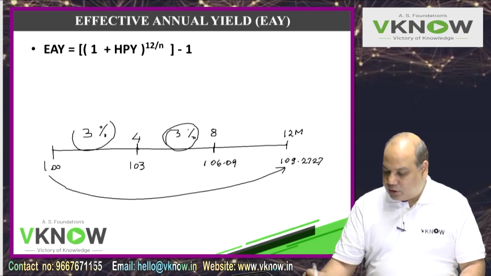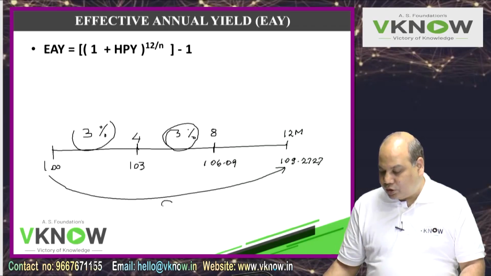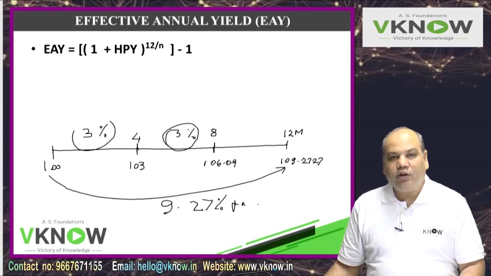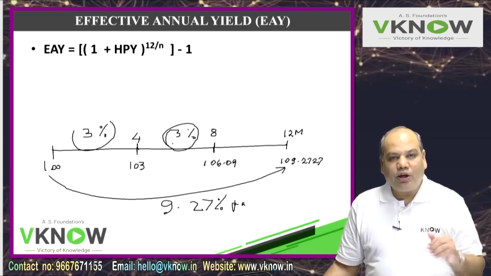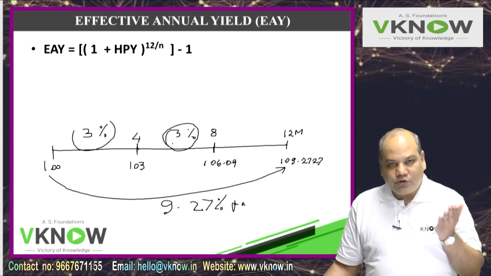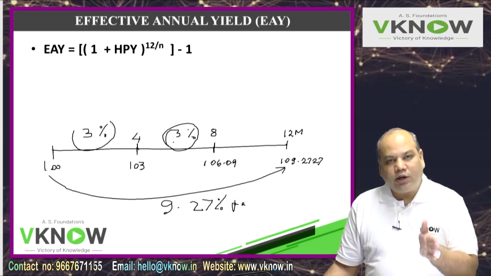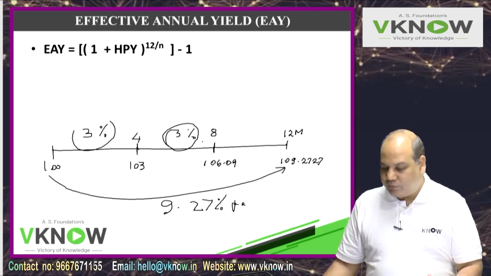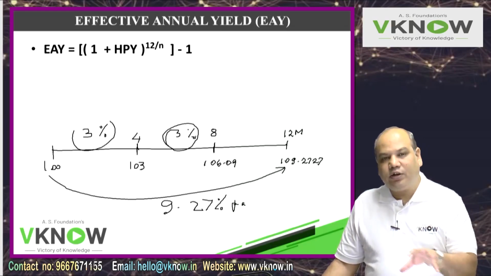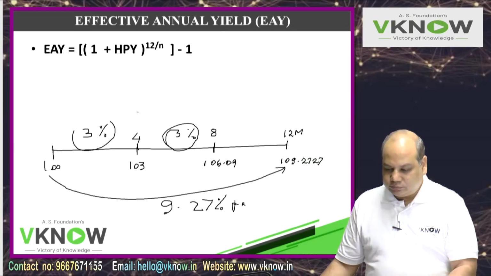So effectively it is equivalent to earning a return of 9.27% per annum annual compounding. Earning 9% per annum compounding every 4 months is equivalent to earning 9.27% per annum annual compounding. So that is what is called effective annual yield.